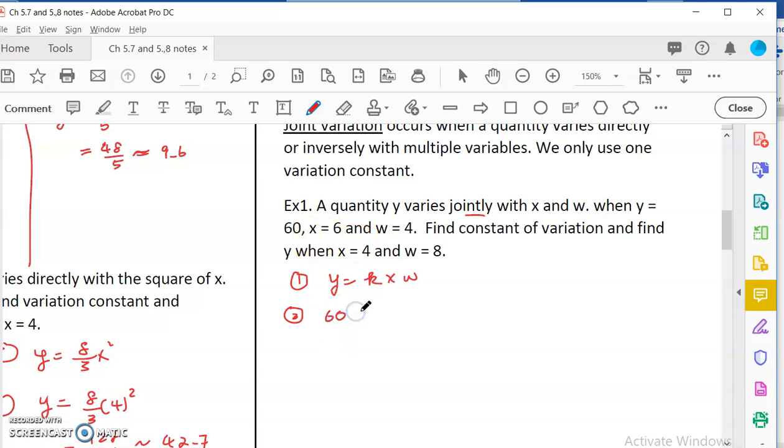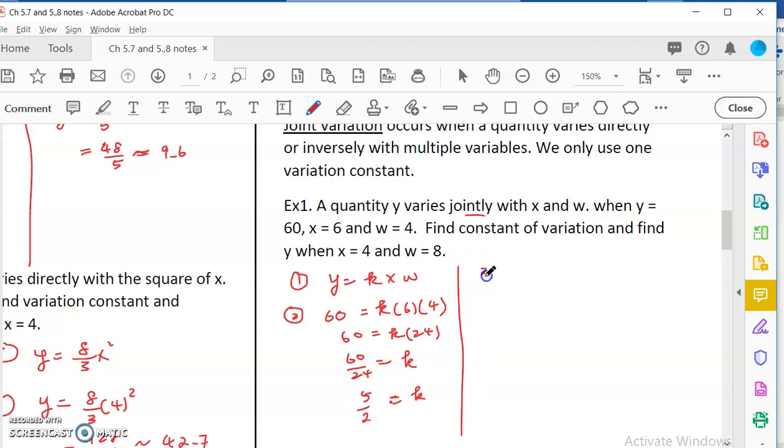When y is 60, x is 6, and w is 4. So then it would be k times 24 is equal to 60, right? k would be 60 over 24, and if you simplify it, it would be 5 over 2 or 2.5.